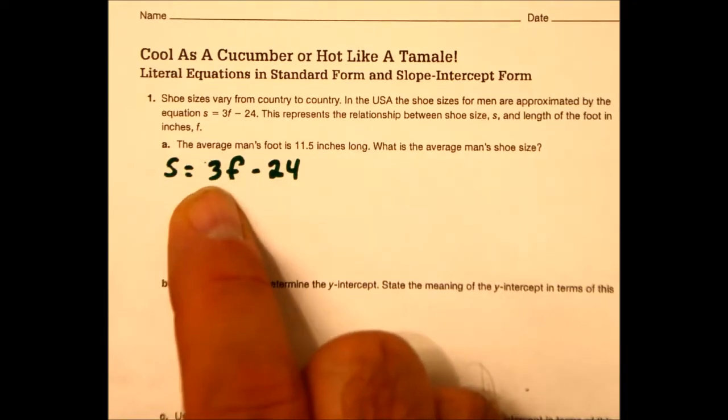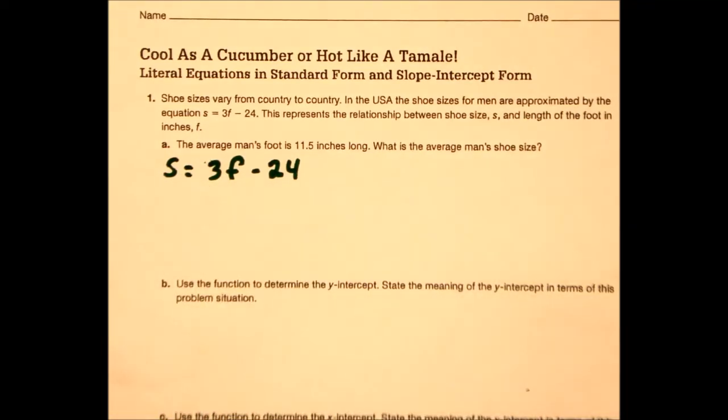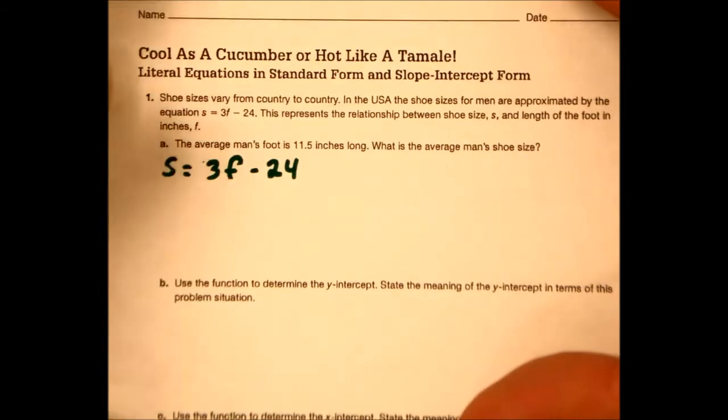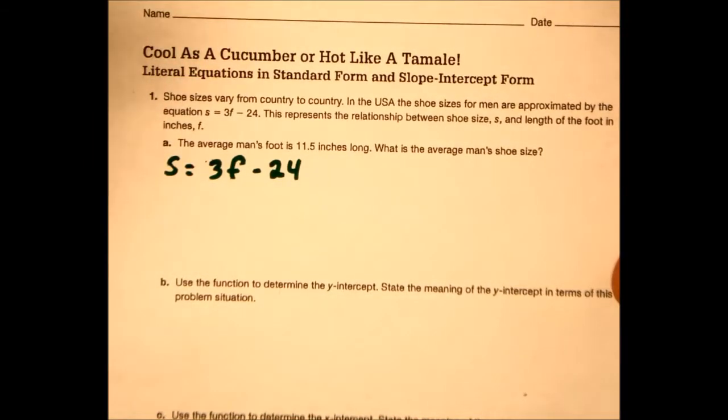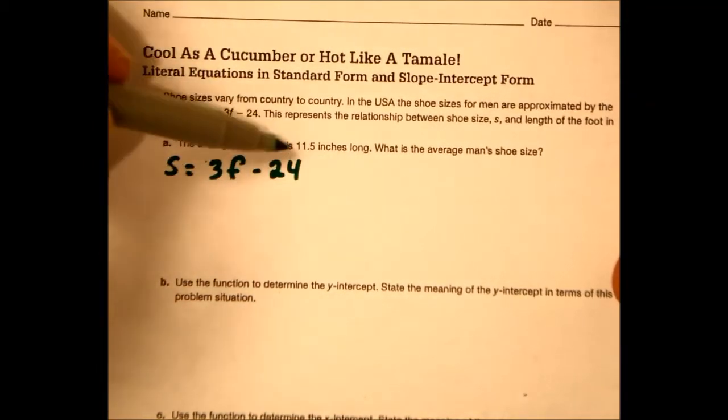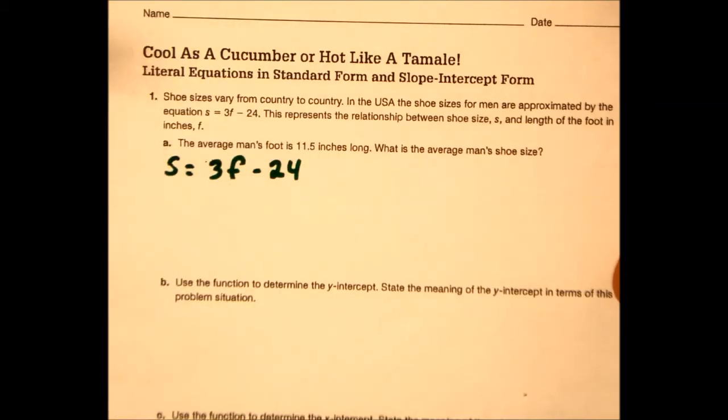And what does that 3 stand for? That is correct, it would be the slope. What does the minus 24 stand for? It's my y-intercept. Now, they want to know, the average man's foot is 11.5 inches long, so what's the average man's shoe size?